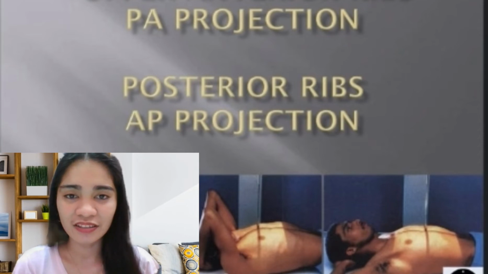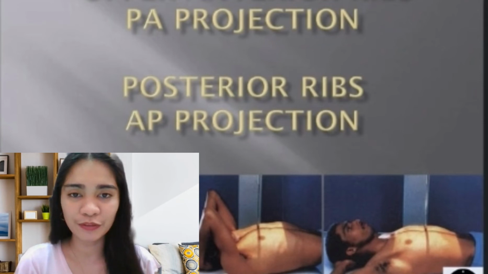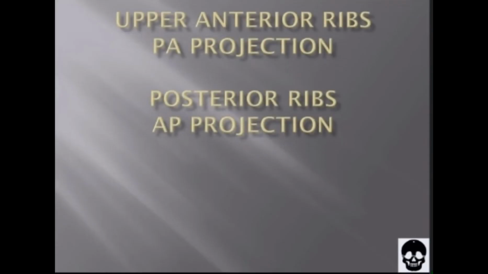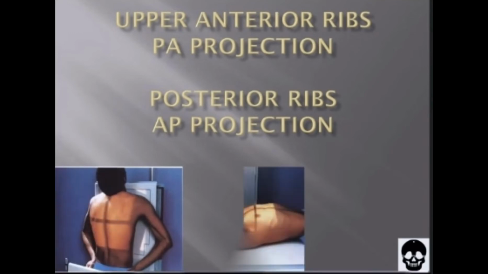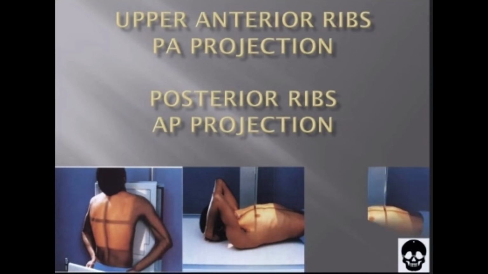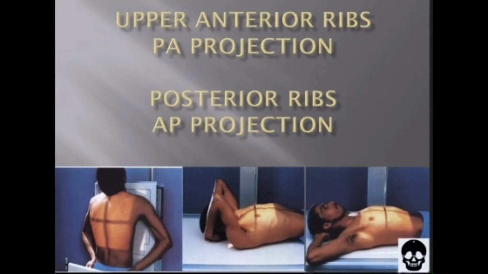Our topic is all about upper anterior ribs for PA projection and posterior ribs for AP projection. The anterior portion of the ribs, usually referred to simply as the anterior ribs, are often examined with the patient facing the IR for a PA projection.